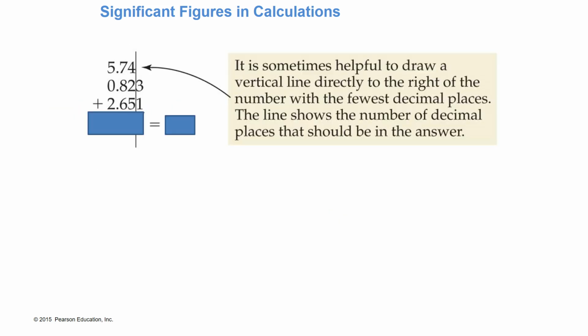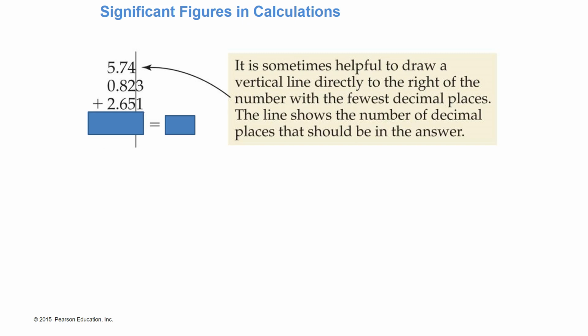All right, so let's look at it in this way. Let's look at an addition problem. So I took three measurements. One measurement, I was using a ruler that I can only go to the hundredths place. Two of the measurements, I used a ruler that I can go to the thousandths place. So I need to add these three measurements together.